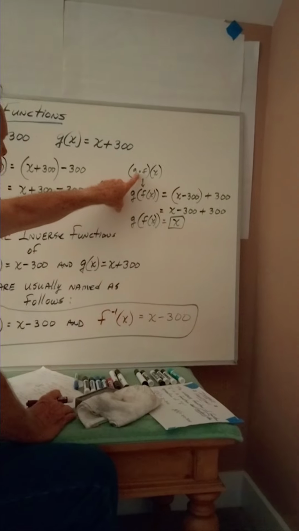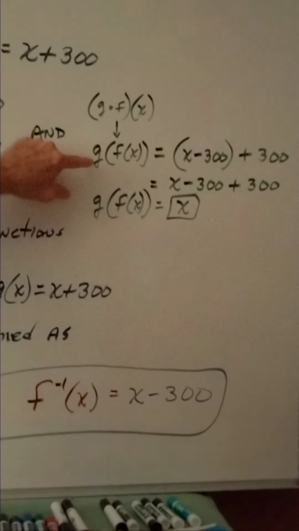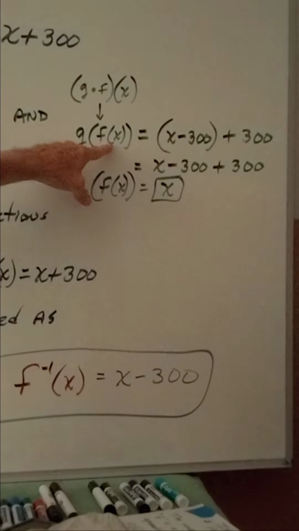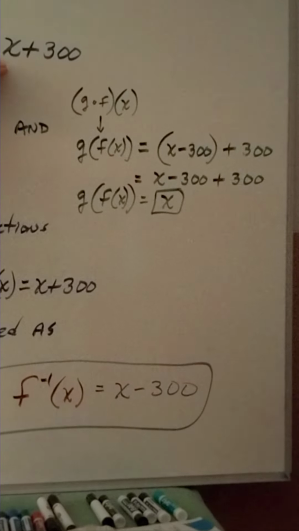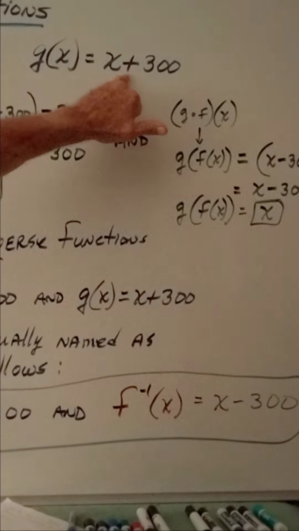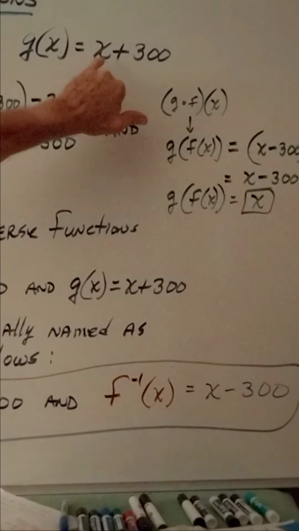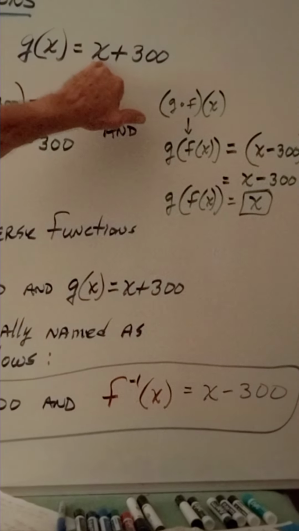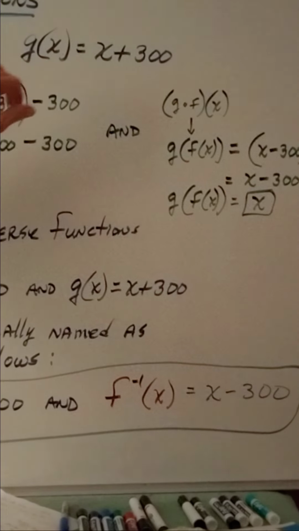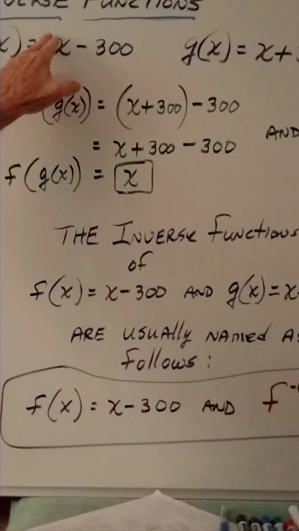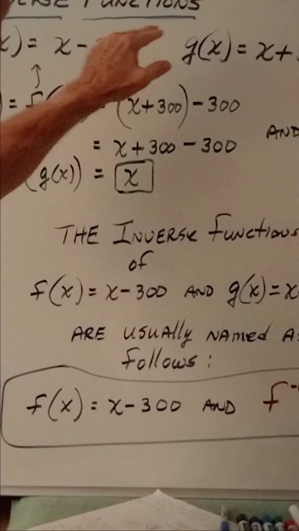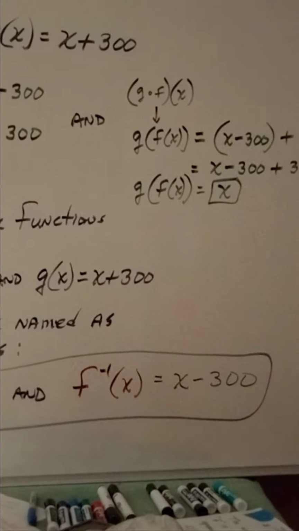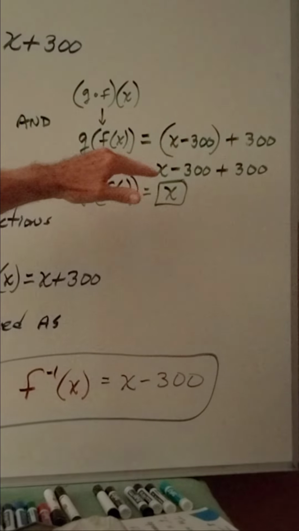Now, just to be on the safe side, let's show the composition the other way. Let's do g of f of x. That means we're going to begin with function g, x plus 300. And wherever we see x, we're going to allow the range or the output of function f to become the domain of our new function over here.